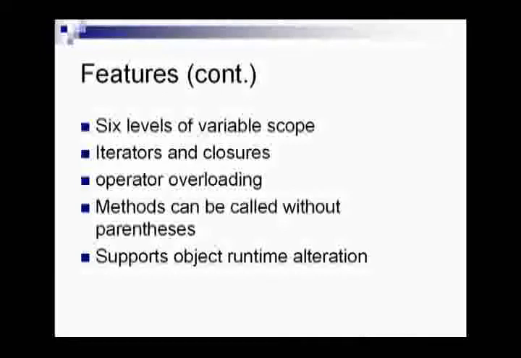There are more features. Ruby provides six variable scoping, meaning six levels of variable scopes: global, class, class instances, instance, local, and block scoping. The next one is iterators and closures. An iterator is an object that allows a programmer to traverse through all the elements of a collection regardless of its specific implementation.